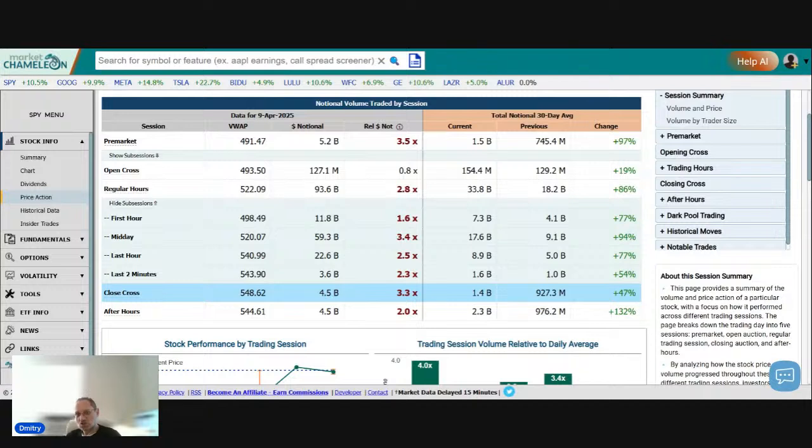And the specialists, it looks like the market makers, liquidity providers, because of that uptick, were on the side of providing supply. They needed to sell in order to provide liquidity on that uptick. So that's the key insight and a way to look at the trading activity and trading volume.